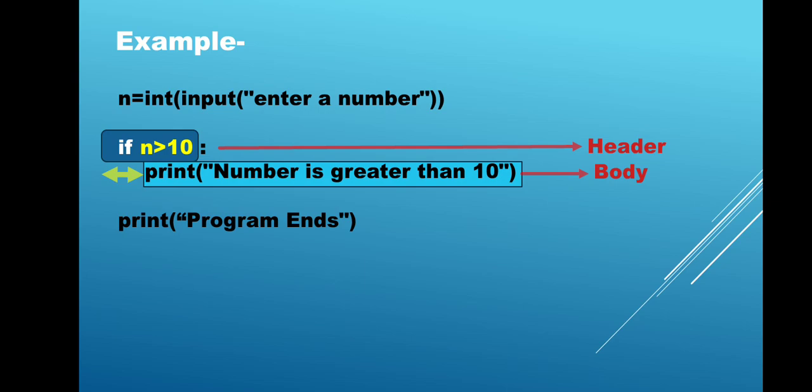So you can see over here that the statement outside if is executed in both cases, whether the condition is true or false. But the statement inside if is executed only if the condition is true. Another important thing is that the statements which are not the part of if are not indented at all.